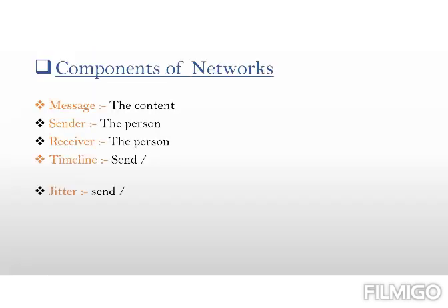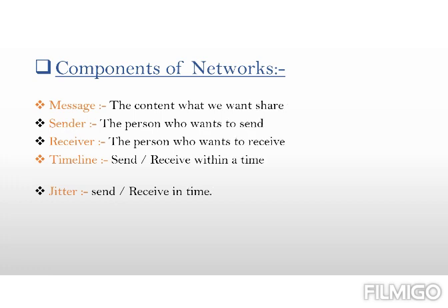After the definition of networking, we are moving to the components of network. The components means the very important elements required for the network. That element is called what? Components. Without components, we can't build any type of network. The first component is message. The content we want to share, that is either text, audio or video, that is called message.